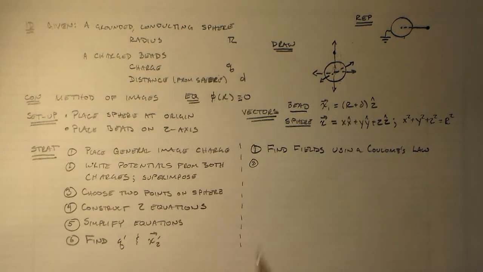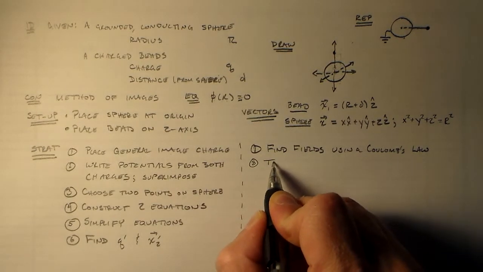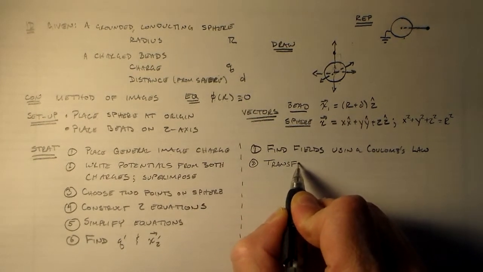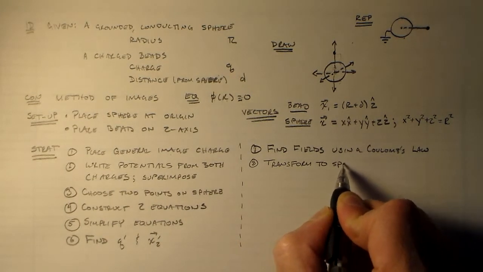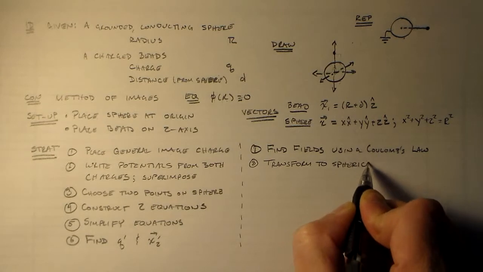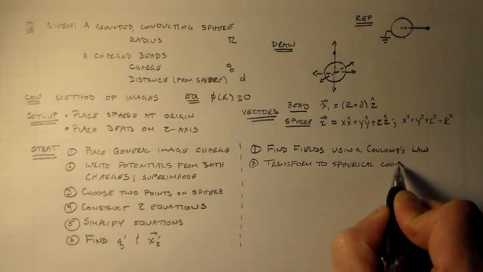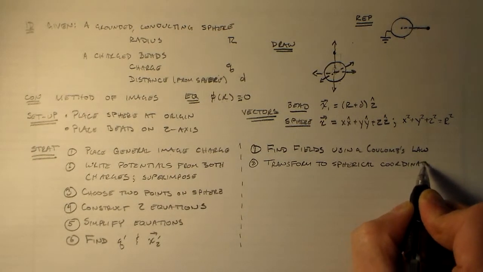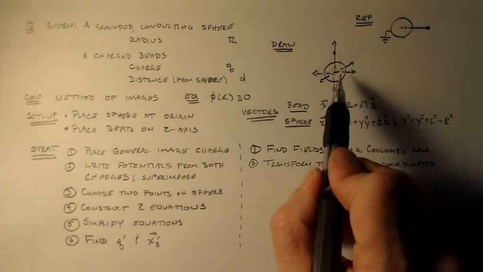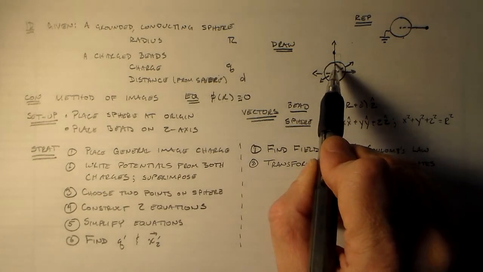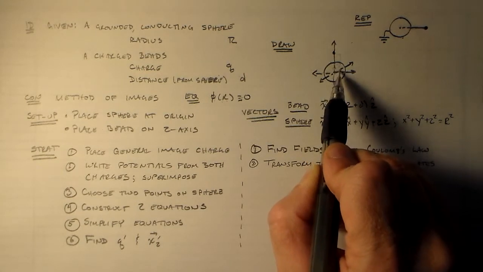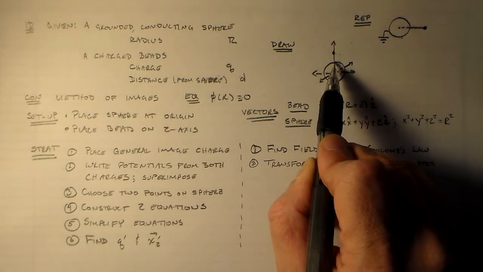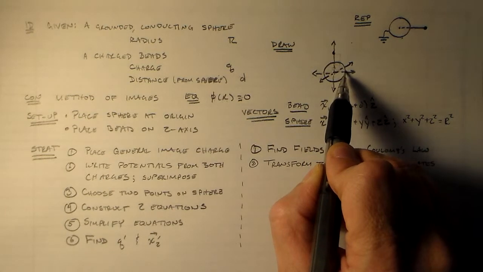And after that, we'll transform to spherical coordinates. And the reason why we're going to do that is because our final answer should not really have any dependence, due to symmetries, on anything except this theta angle, right?